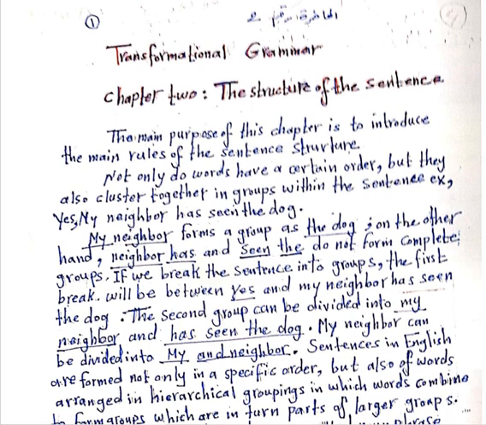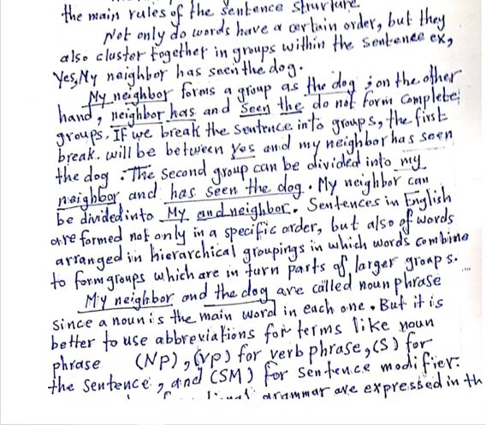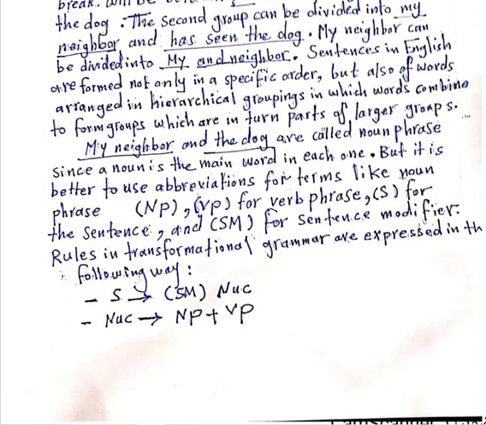Sentences in English are formed not only in a specific order, but also of words arranged in hierarchical groupings in which words combine to form groups, which are in turn parts of larger groups.